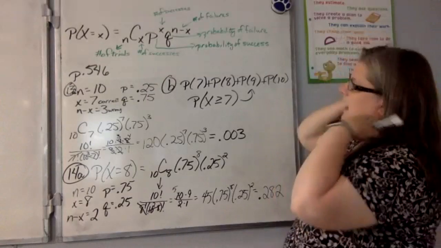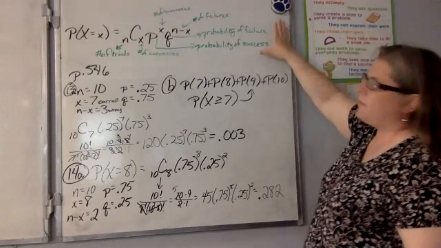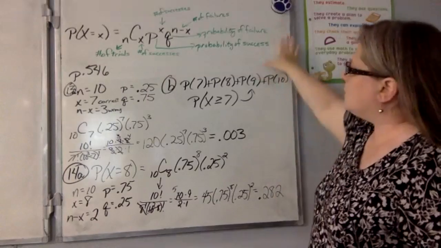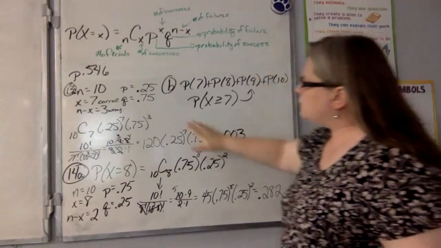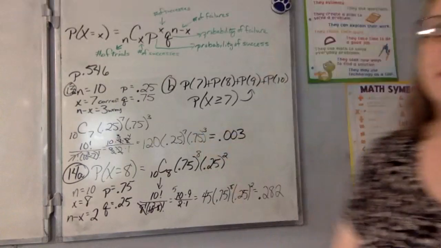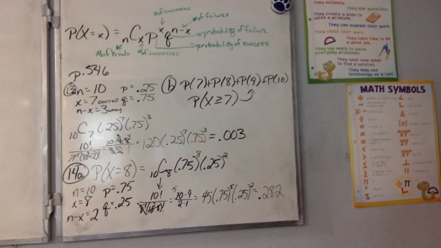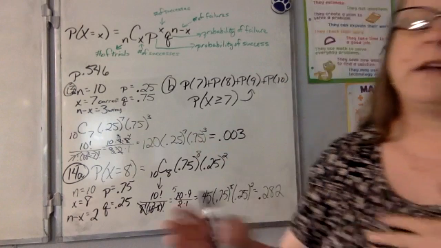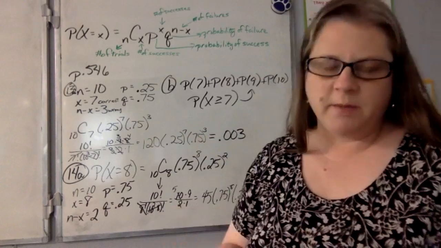So this is what we were finishing up from yesterday, correct? Okay. We had our formula for a binomial distribution. We used that formula to find certain probabilities if it's a binomial experiment. Now remember, the first part of the work yesterday, we talked about figuring out whether or not it was a binomial experiment.